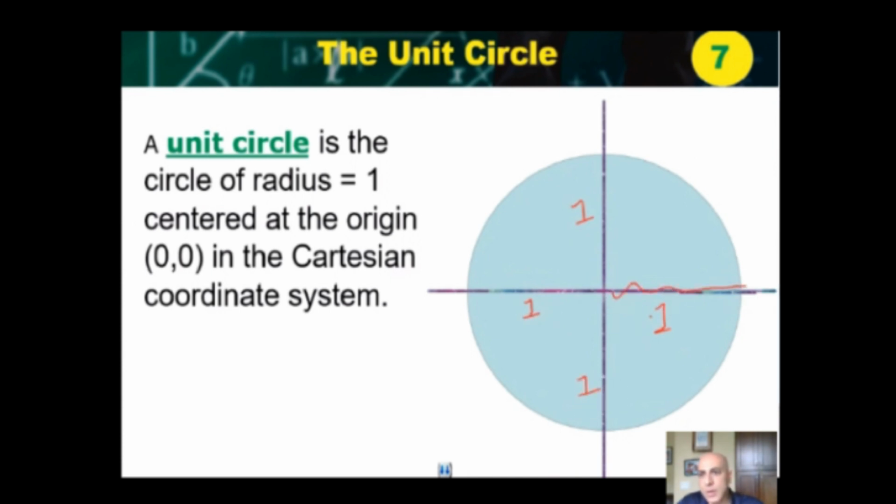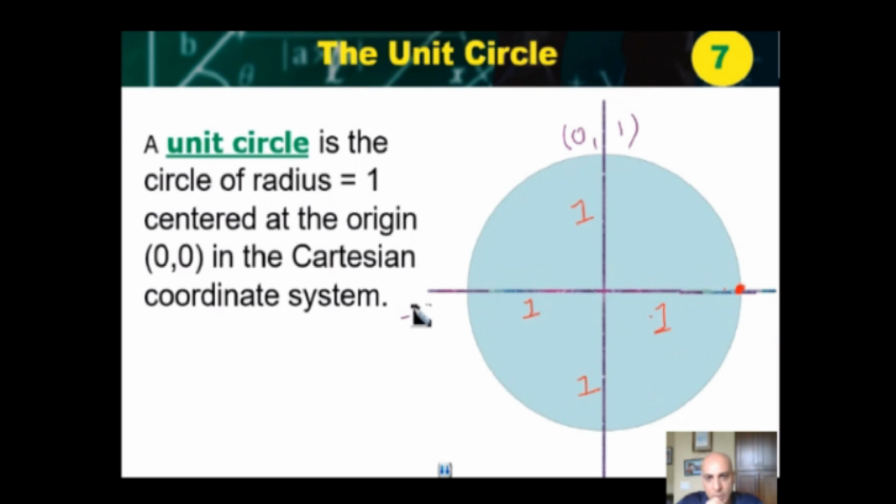Okay, so if this is 1, then obviously when I get to this point here, this is 1 unit. So this point is going to be, I'm going to choose a different color for this guy, 1, 0. Right? That's the point. At the top here, I'm going to have 0, 1.